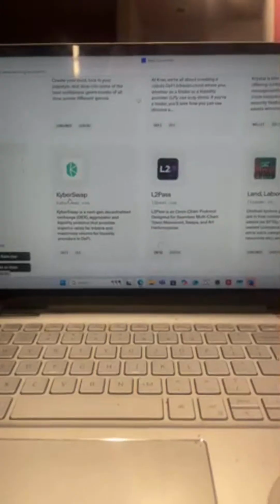Oh, what you got too? It's another one that must be paid attention to. This Kyber Swap.